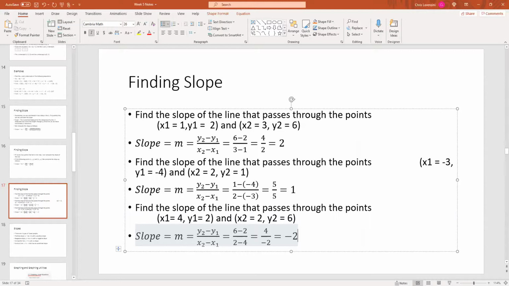Everything when we're dealing with slope is moving to the right in the x direction. So if I have a positive slope, that means I'm moving to the right and up. If I have a negative slope, that means I'm moving to the right and down. That's all that means. The sign of the slope will come out when we're doing the mathematics.